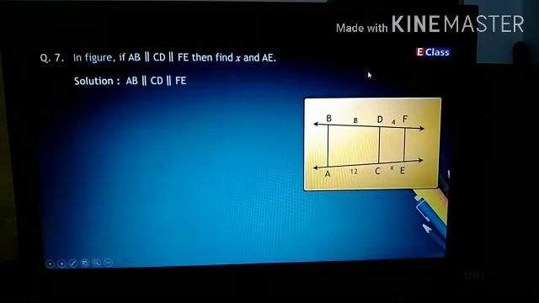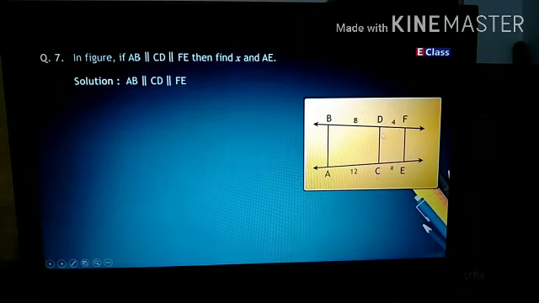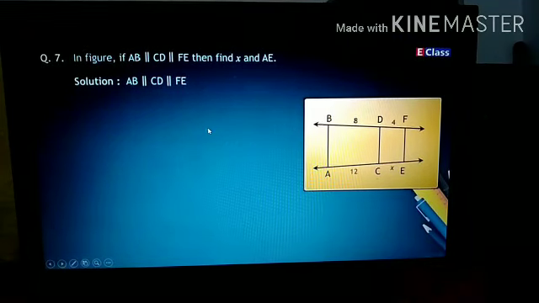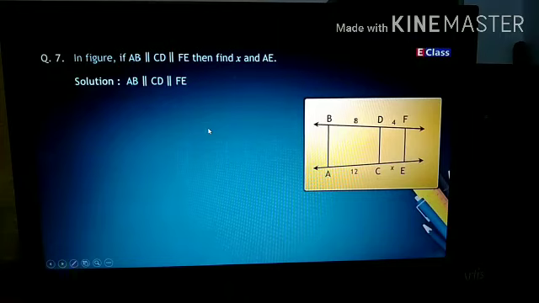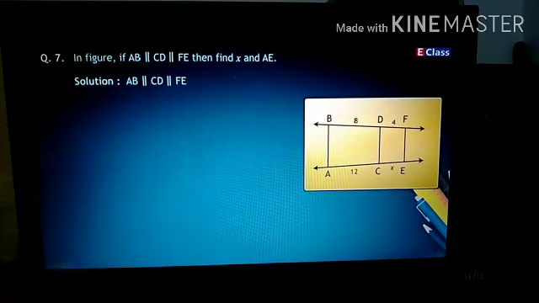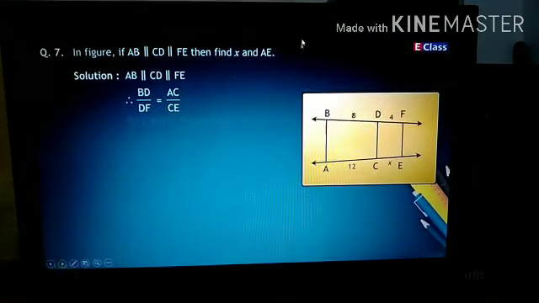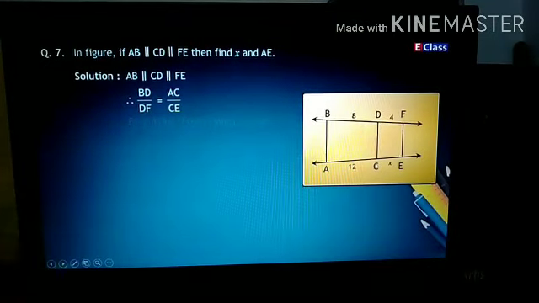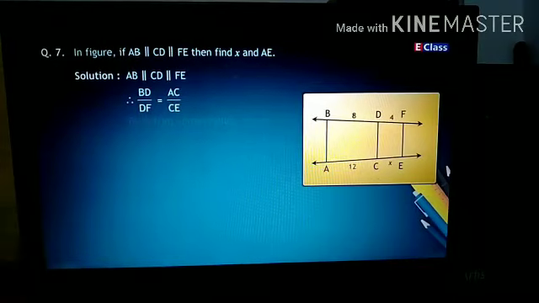Solution. AB is parallel to CD is parallel to EF. So we have three parallel lines, so we can apply the property of the intercepts formed by three parallel lines. So we can write BD upon DF is equal to AC upon CE. And the reason we write is the property of intercepts formed by three parallel lines.